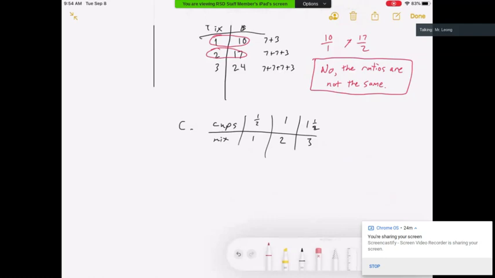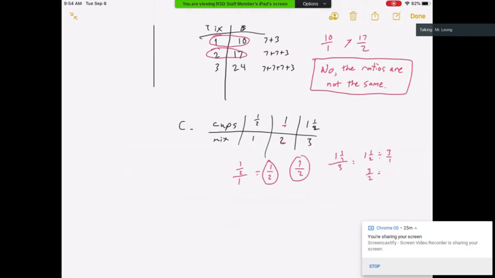All right, now this third one. 1.5 divided by 3. Okay, now we've got to do a little bit from what we did last lesson, complex fractions. So here we go. I'm going to rewrite 1.5 divided by 3 over 1. I'm going to change that to an improper fraction, which is 3 over 2 divided by 3 over 1. Then I do the reciprocal, which is 3 over 2 times 1 over 3.